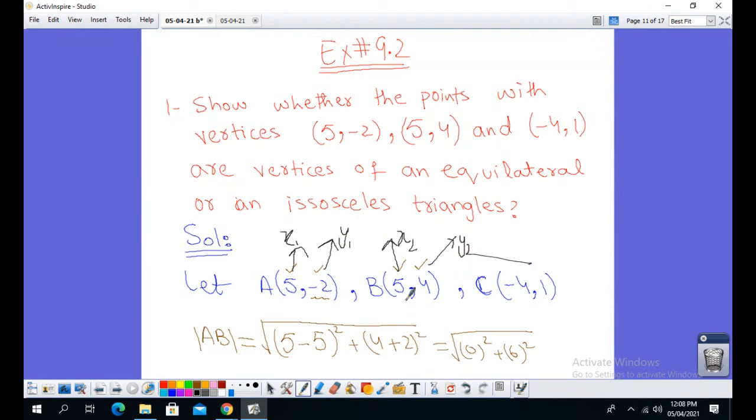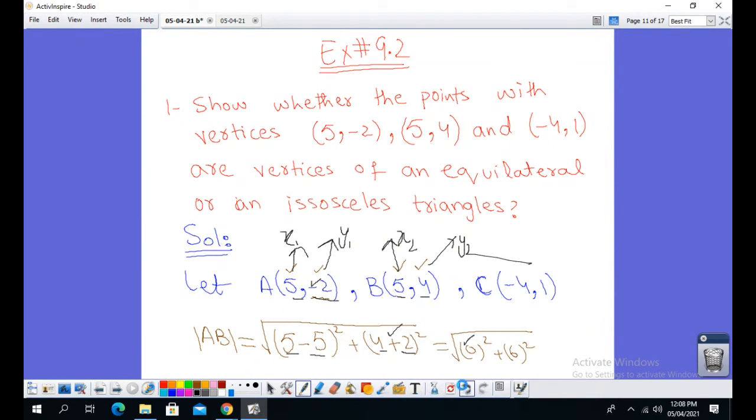If you see here, x2 we write here, minus x1 we write here, and take the square of it. In a similar pattern, y2 we write here, minus y1. It's not minus because we have a minus here; this minus and the minus of the formula become plus. 5 minus 5 becomes 0, and the square of 0 is 0. 4 plus 2 becomes 6, and the square of 6 is 36.